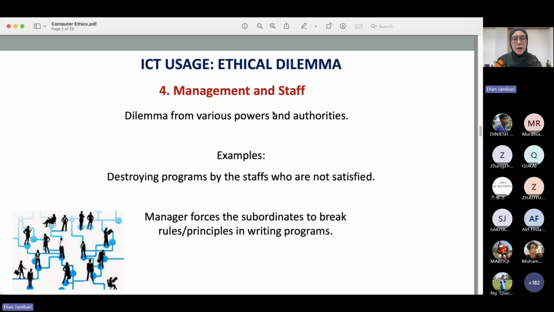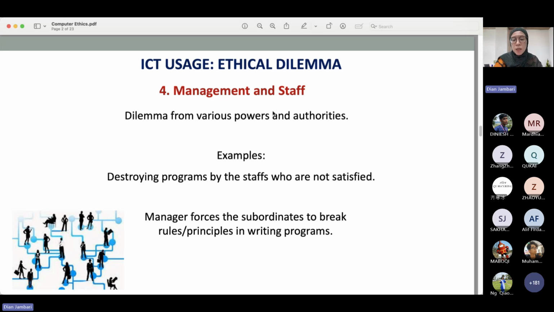Another example of an ethical dilemma that is caused within the context of management and staffing is the situation where your supervisor or your manager forces you to break rules or principles in writing the program. So writing a program that copies other code or programs that are protected, or developing a program that was intended to be used for illegal purposes, but you were forced to do it.